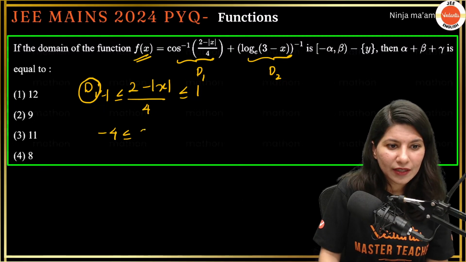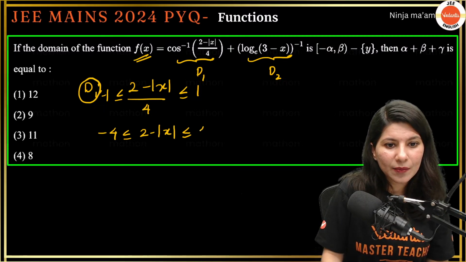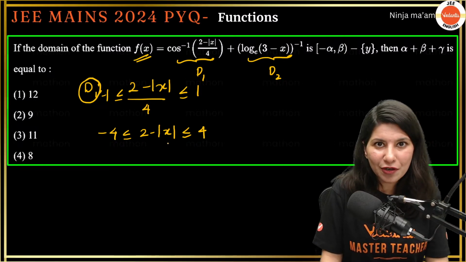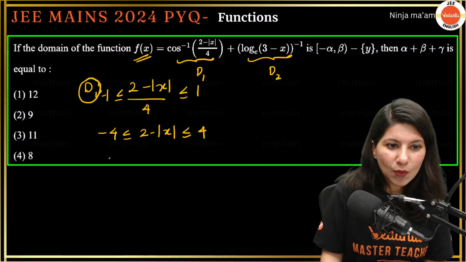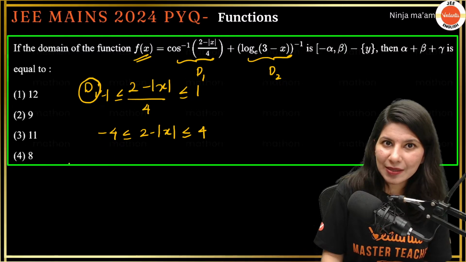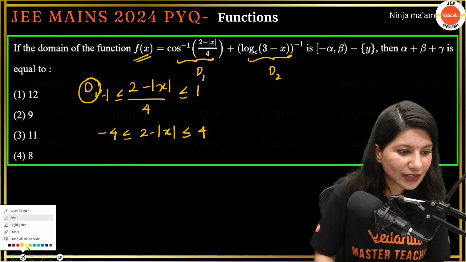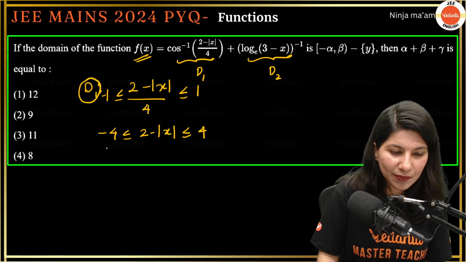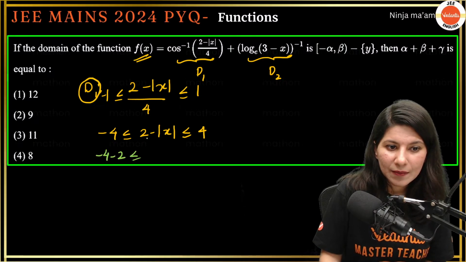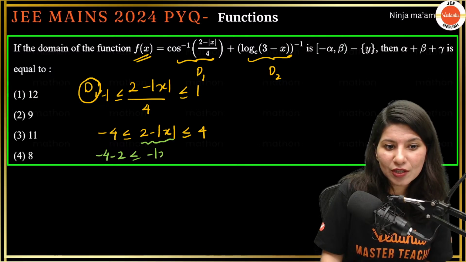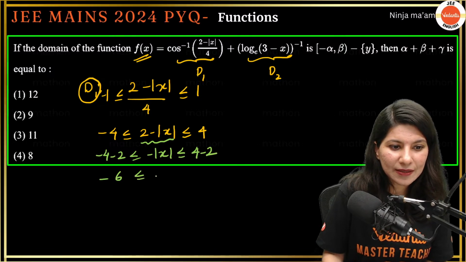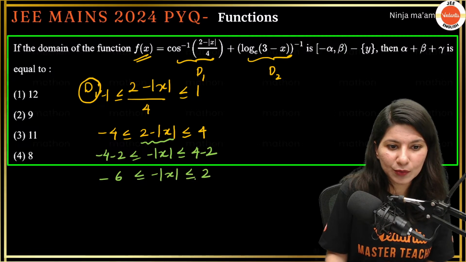Minus 4 less than or equal to 2 minus mod x, less than or equal to 4, after cross multiplication of 4 on all sides. Now I'm going to subtract 2 from all sides of the inequality. So minus 4 minus 2, which is minus 6; in the middle, it will be just minus mod x; and 4 minus 2 is 2.